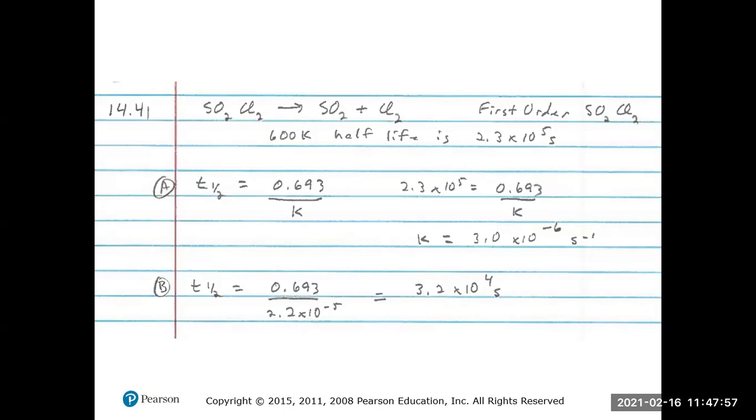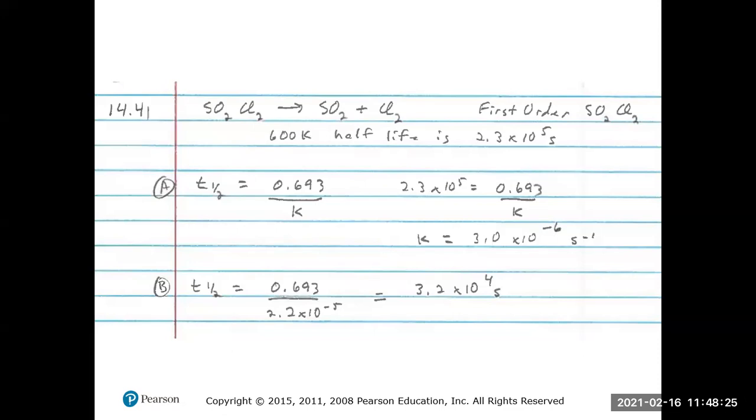In part B, we're told that at 320 degrees C, the rate constant is 2.2 times 10 to the minus 5. And we want to calculate what the half-life is at this temperature. And so we go ahead and put in our value for the rate constant we were given at this temperature, 2.2 times 10 to the minus 5.